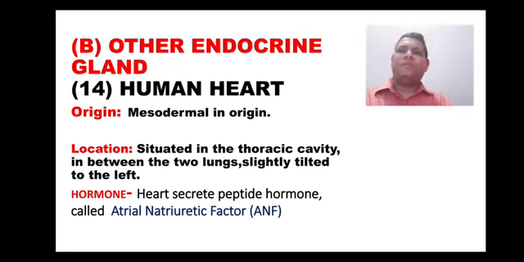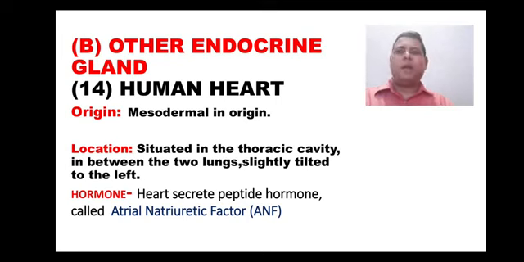The average adult heart is about 12 cm. Its weight varies: males from 280 to 340 grams, average 300 grams, and females from 230 to 280 grams, average 250 grams.